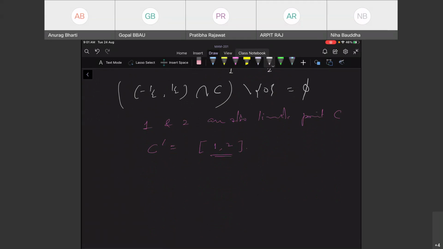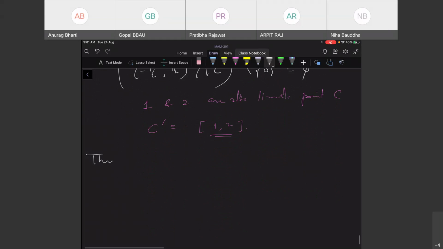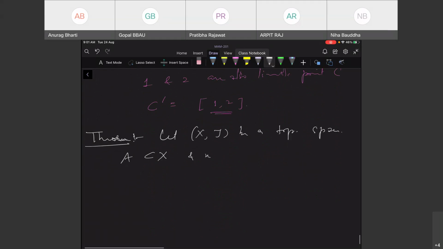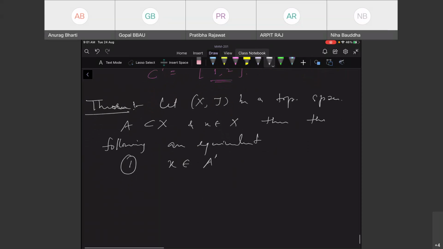Now I am writing a theorem which is evident from the definition of limit point. Let (X, tau) be a topological space, A a subset of X and x in X. Then the following are equivalent, which means this is an if and only if statement. x is a limit point of A, meaning x is in the derived set.